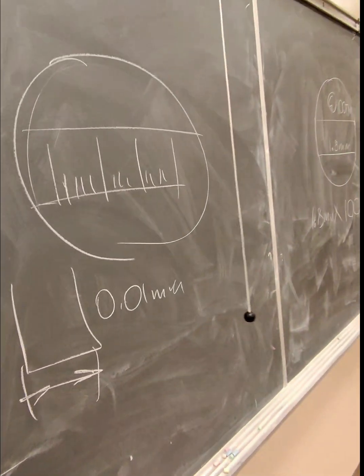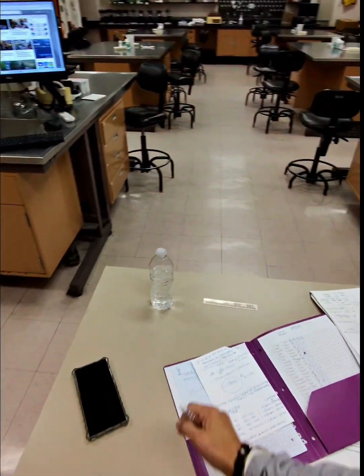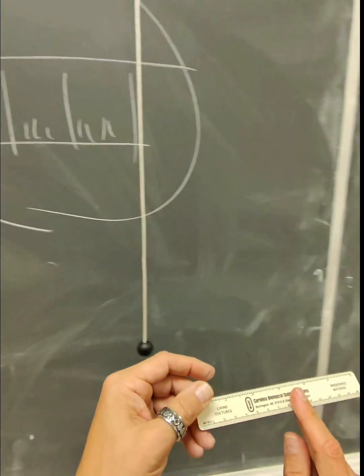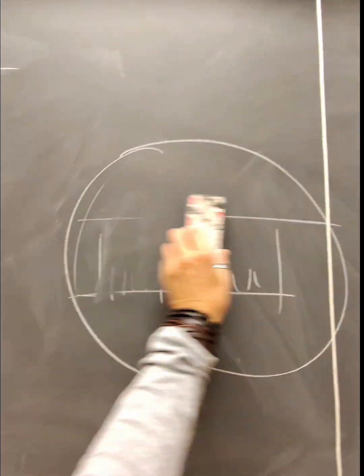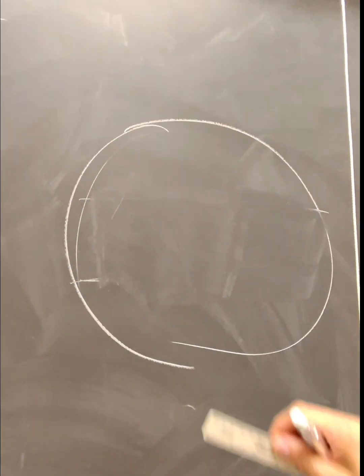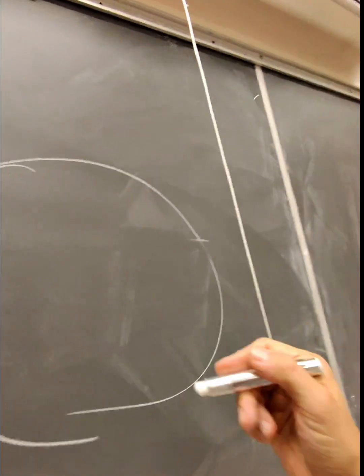We can use this, but we can use a regular ruler like this. We can look at millimeters, put it under the microscope, and see where this line lands, ballparking.